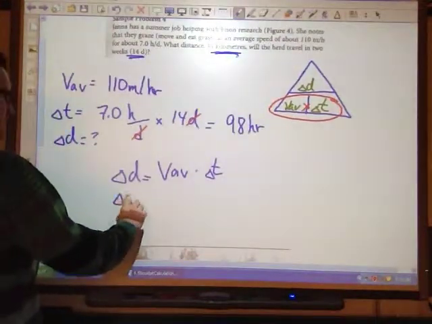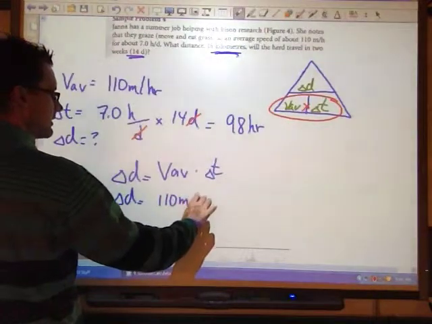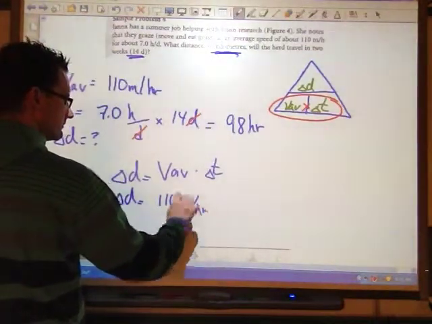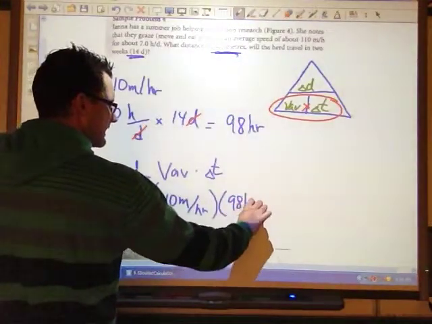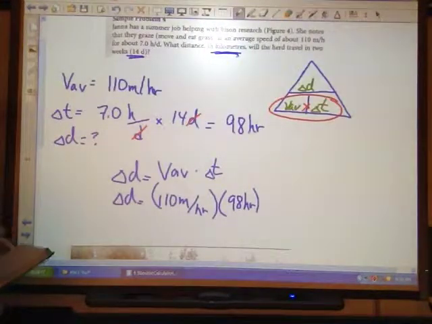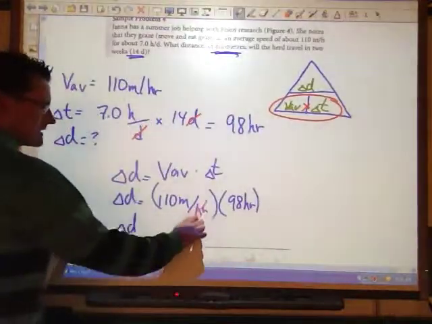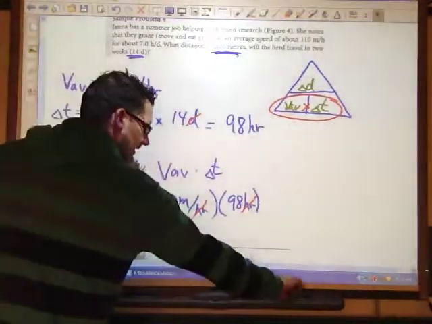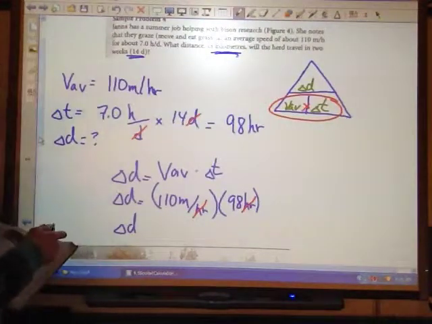Our average speed here is 110 meters per hour, and our time is 98 hours. So when we work that out, first we'll look at units. The hours and hours cancel, and our distance will be in the unit of meters.